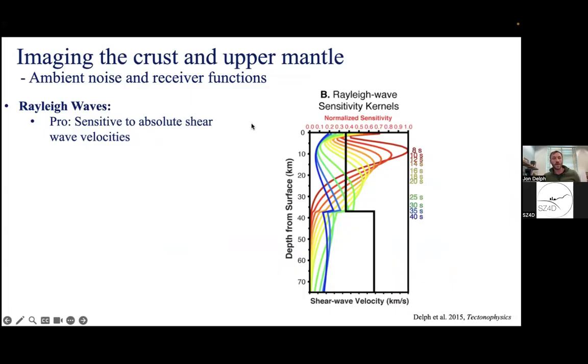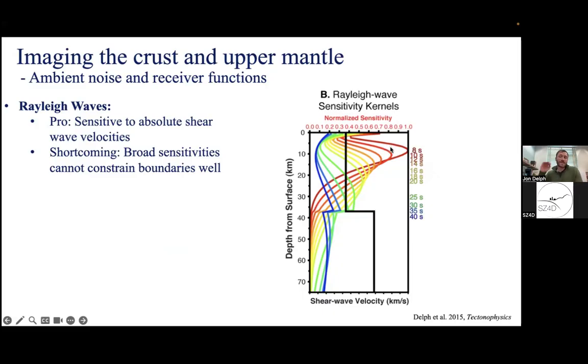Now, the shortcoming of this method is it has very broad sensitivities with respect to depth. So for instance, an 8-second Rayleigh wave phase velocity, so we measure these as a function of their period, is sensitive to the shear wave velocities between about 5 and 30 kilometers depth, basically as defined by the sensitivity kernel or the weighted average of velocities defined by that kernel.